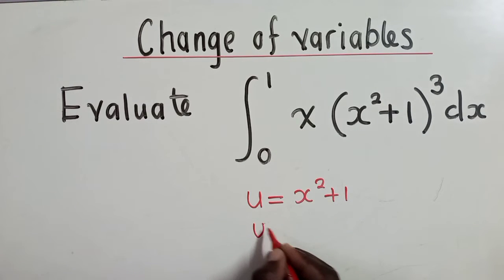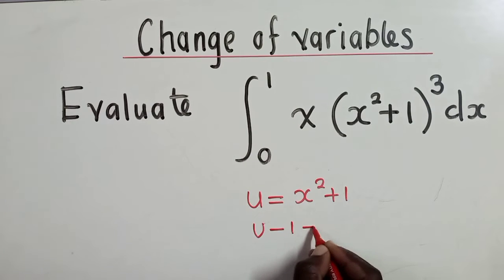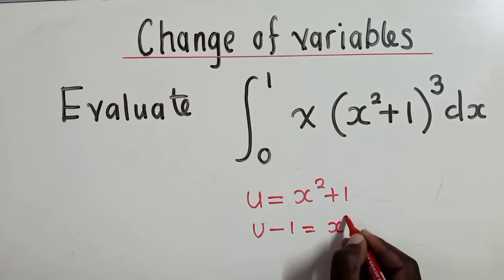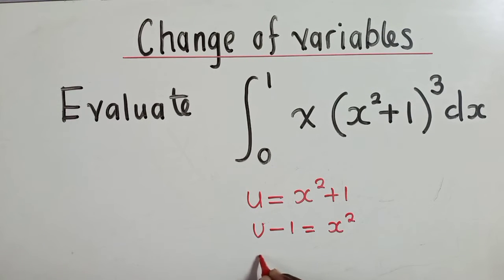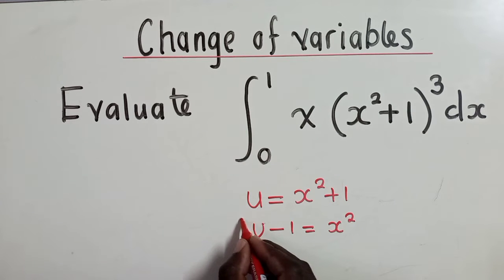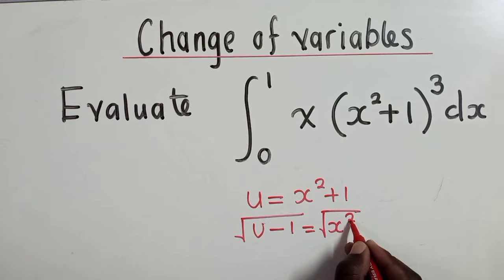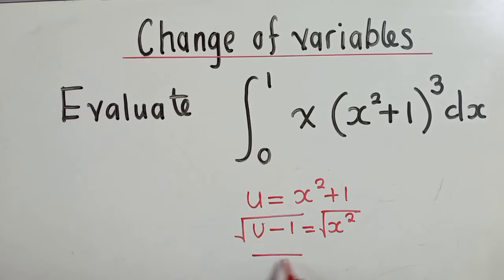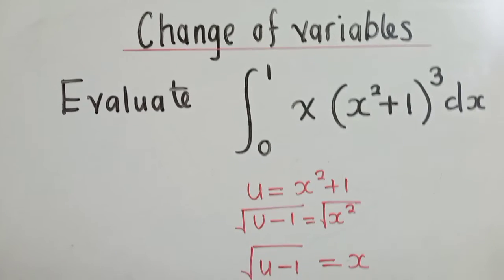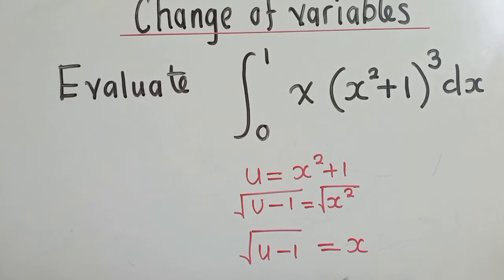It will be u minus 1 is equal to x power 2. To make x subject of the formula, we are going to square root both sides so that we get rid of this power. So it will look like this. This is what we have right here. So I've made x subject of the formula.